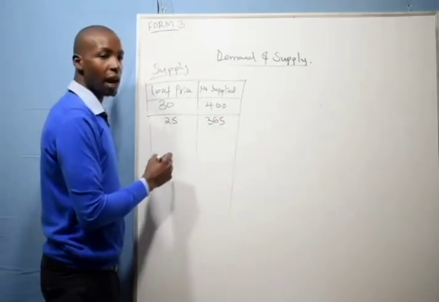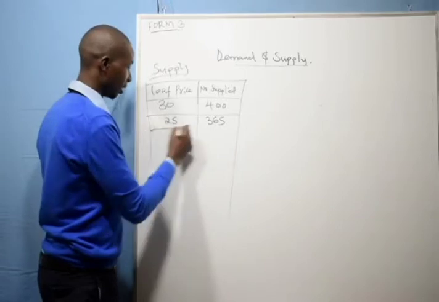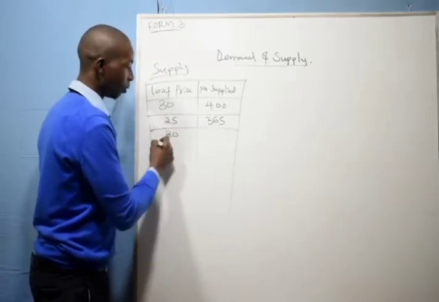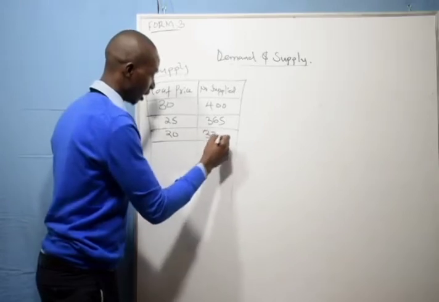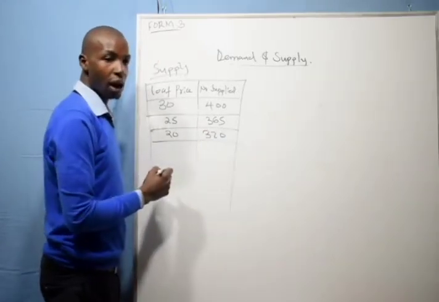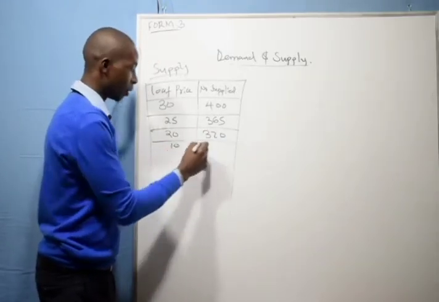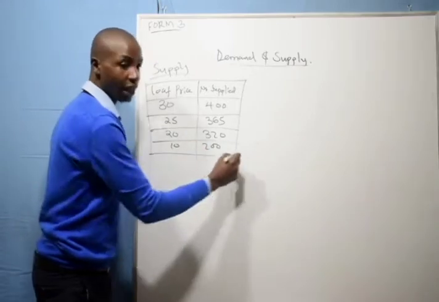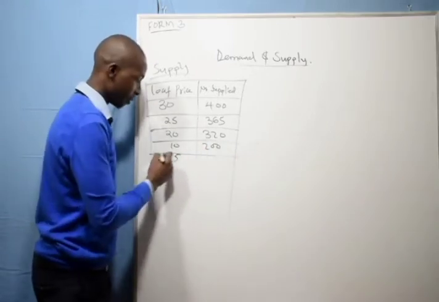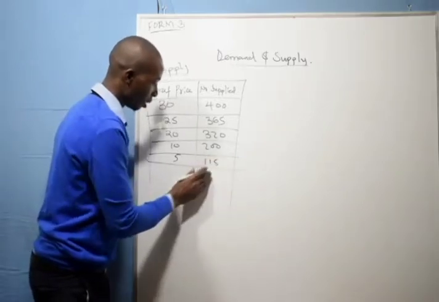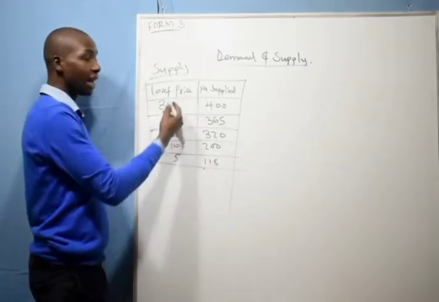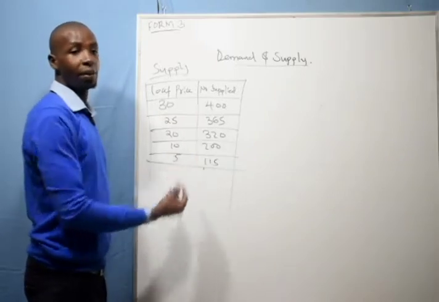And what about 20? 20 will be 320. And what about 10? 10 will be 200. And what about 5? 5 will be 115. So this shows us that the higher the price, the higher the number supplied.